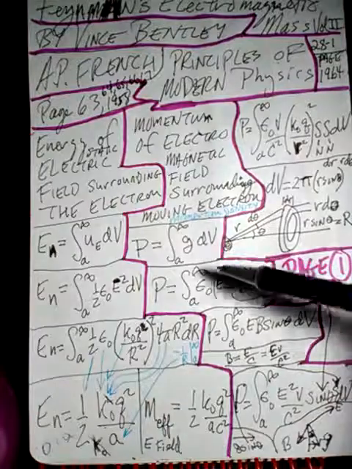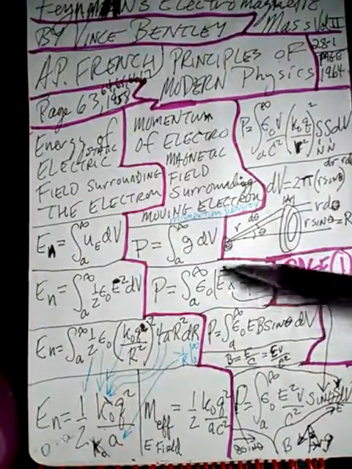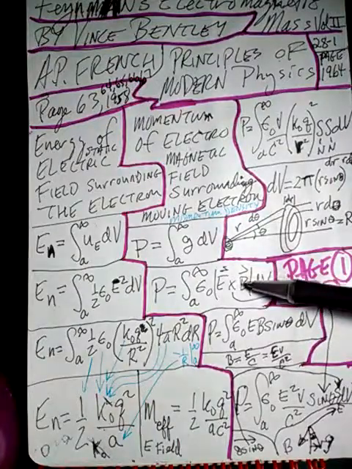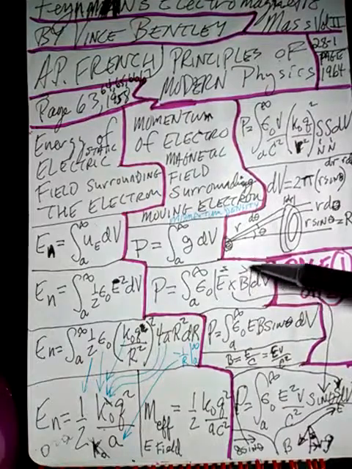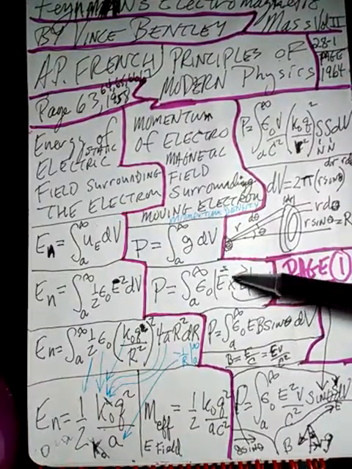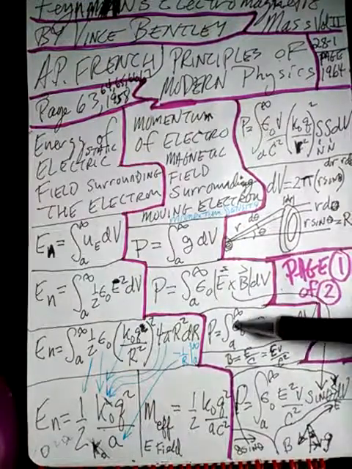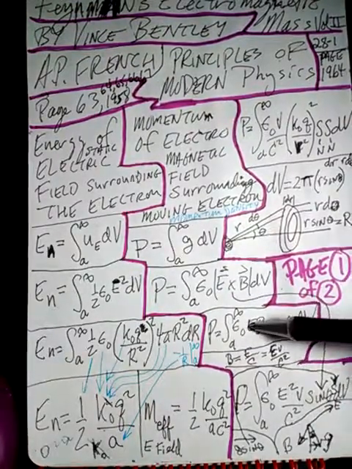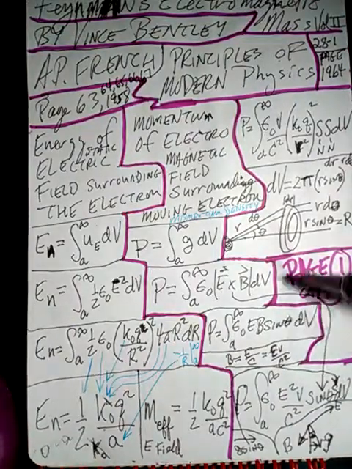The magnitude of the momentum density is epsilon naught E cross B, the electric field crossed with the magnetic field, just the length of that vector. And here's the epsilon naught. The length of the vector is the magnitude of E, magnitude of B, times the sine of theta.